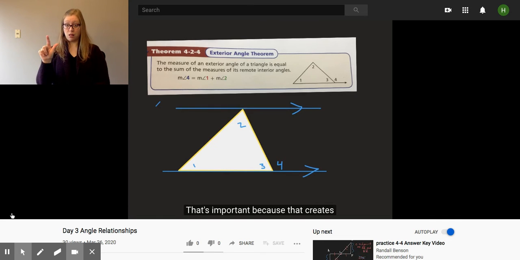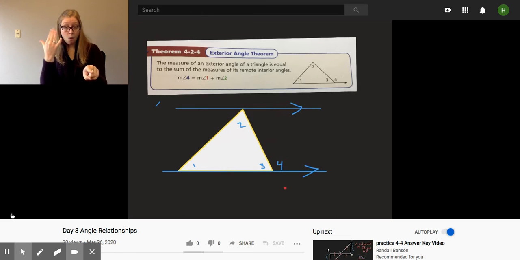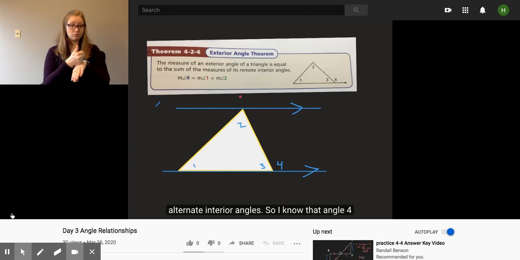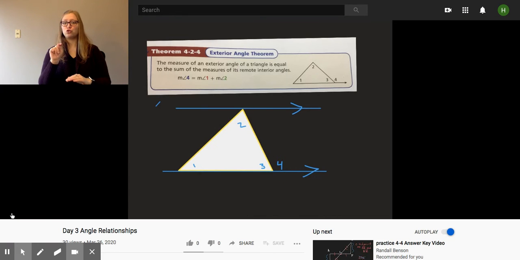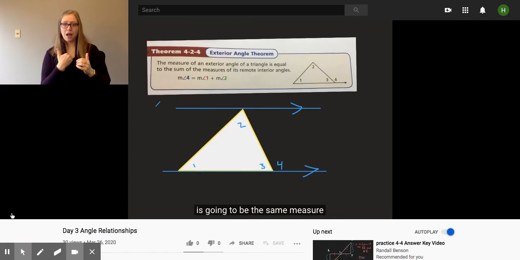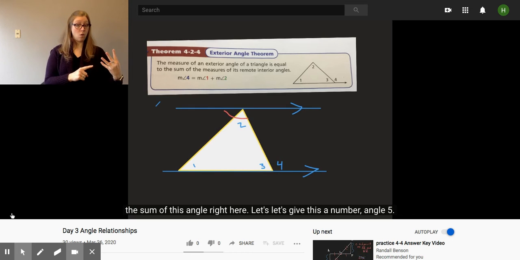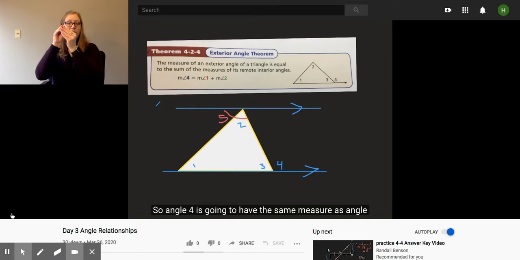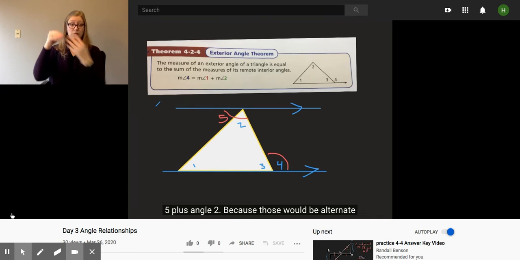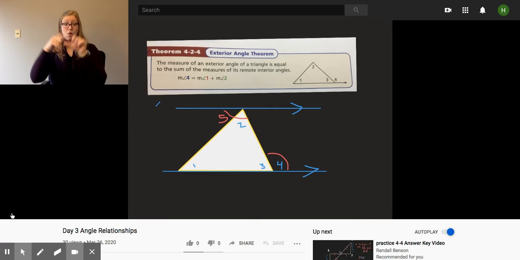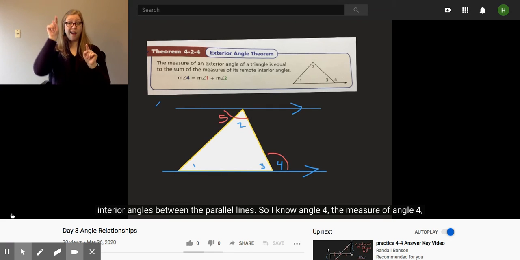That's important because that creates alternate interior angles. So I know that angle 4 is going to be the same measure as the sum of this angle right here, which we'll call angle 5, and angle 2, because those would be alternate interior angles between the parallel lines.